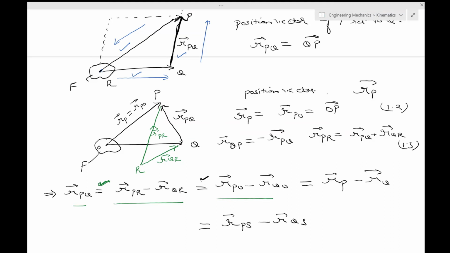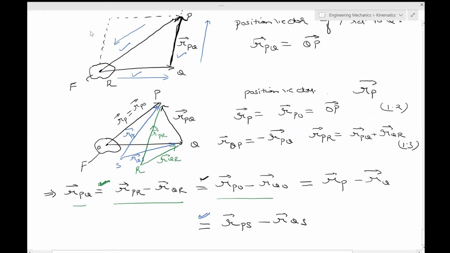Just to draw another triangle, say this point is S. So this will be RPS, this will be RQS. So RPQ now can be written in terms of this blue triangle. So all three of these vectors can be written either in terms of the black, the green, or the blue.